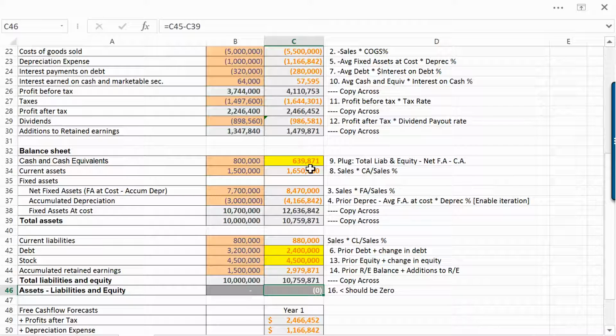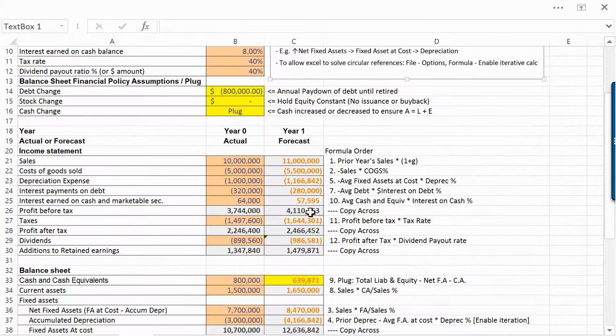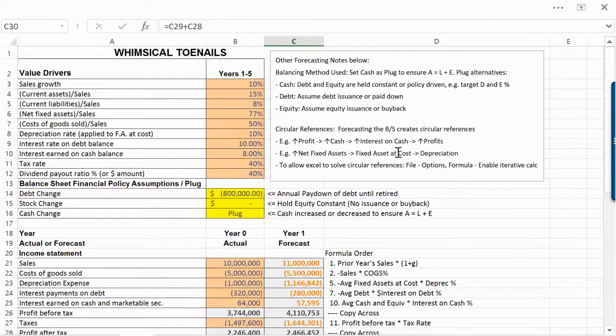Because this is a plug. So if I have to get that to balance, my cash is going to go up. When my cash goes up, I'm going to earn more interest on my cash, right? That's this line here, which is then going to make profits go up, which will then make retained earnings go up. And you see, you have a circular reference here.